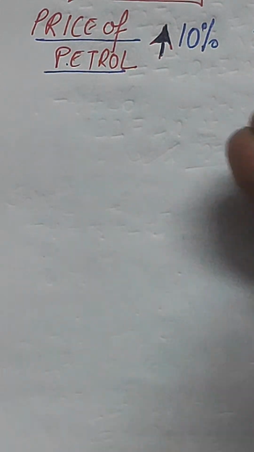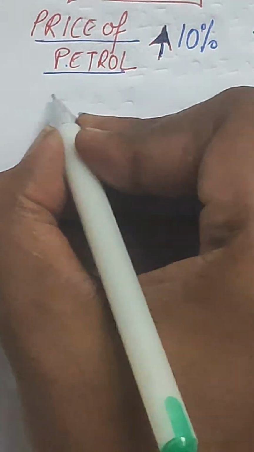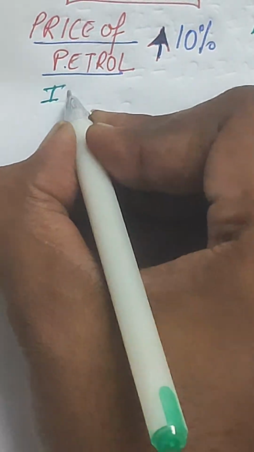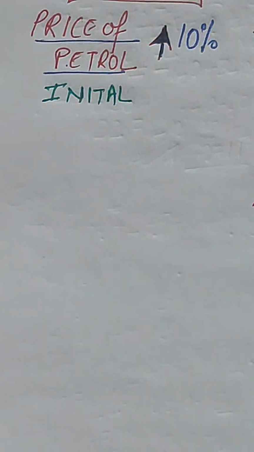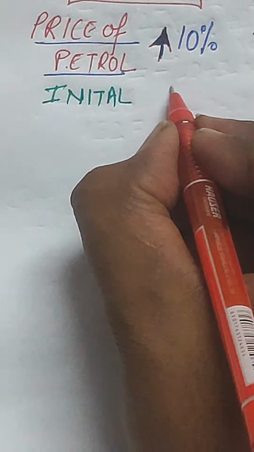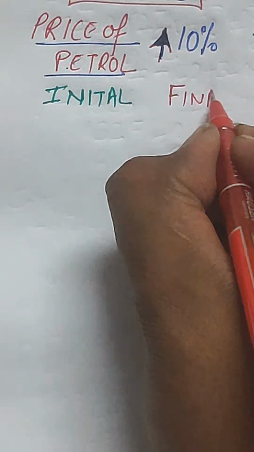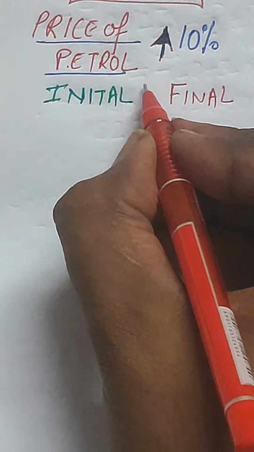So students, in this case, let us assume what is given to you initially and what is the stage which you need in the final. Definitely there will be two formats of that.